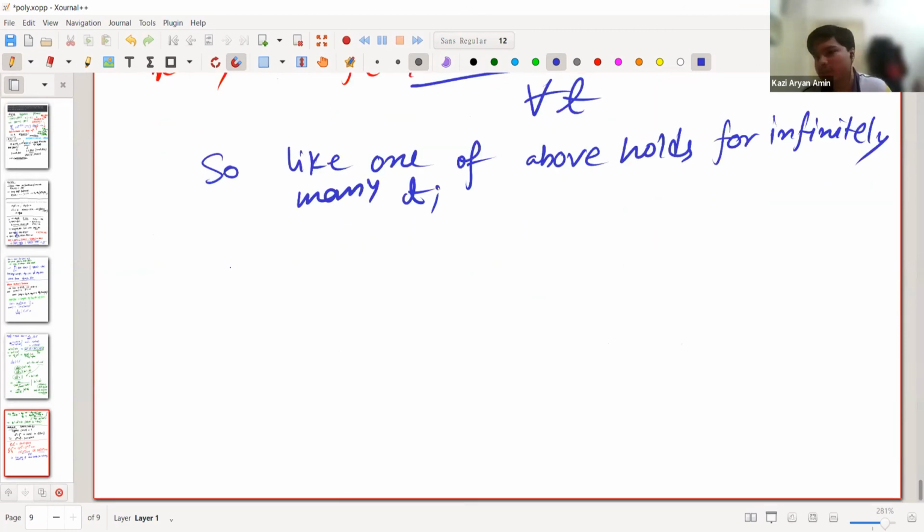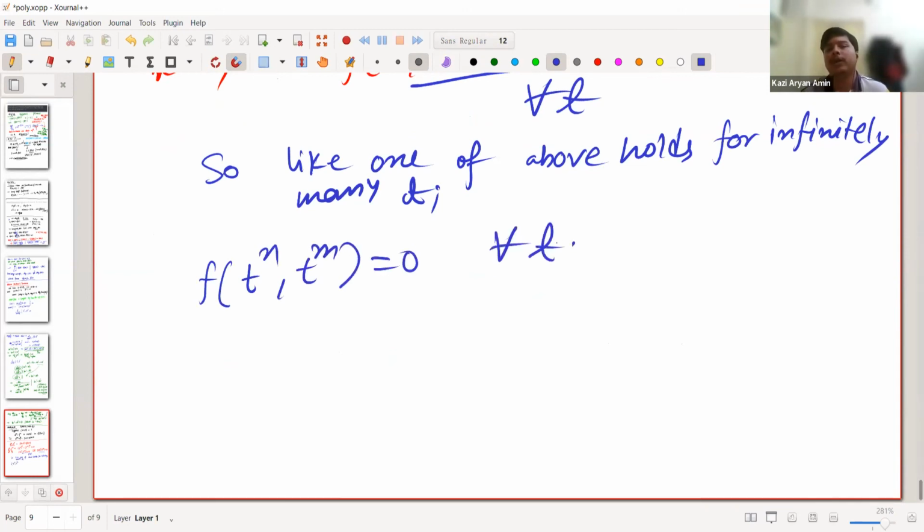And if something holds for infinitely many t, you just know that it is 0, because polynomials are really well behaved and you can't have a lot of roots. Infinitely many, of course not. So suppose f of t to the power n comma t to the power m is equal to 0 for all t, right? Now can you think of a logical substitution for t which would tell me more information about the polynomial? Also keep in mind that we have the very nice relationship that m, n have GCD 1.